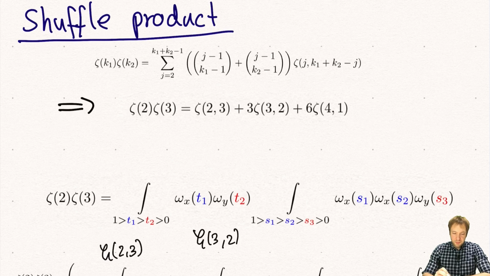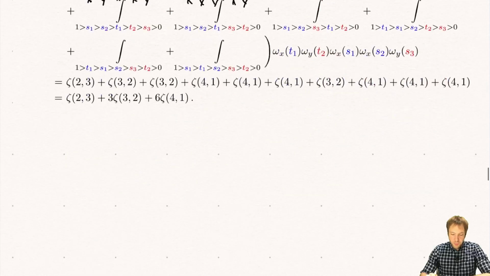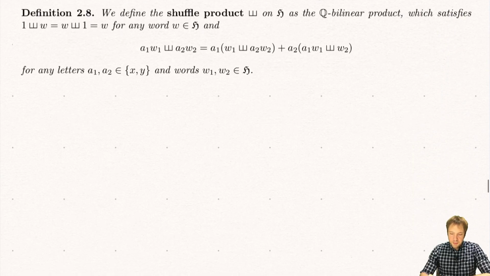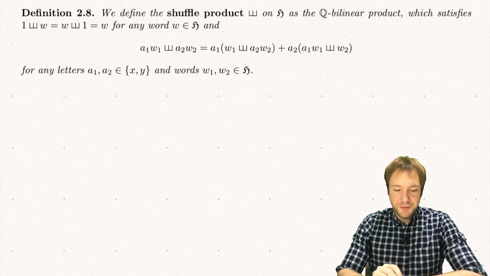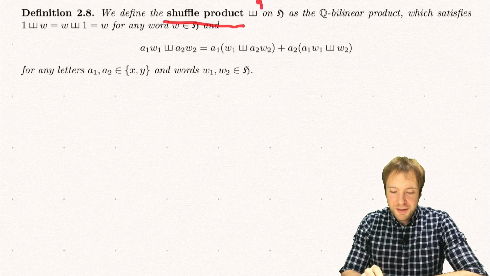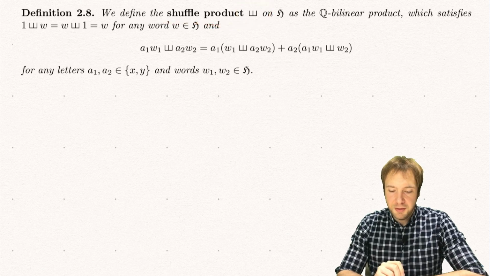And again, to do this, we want to define now a product on this space H1 and H0, which corresponds to this shuffling of words. So this is called the shuffle product, and it is denoted by this symbol here.